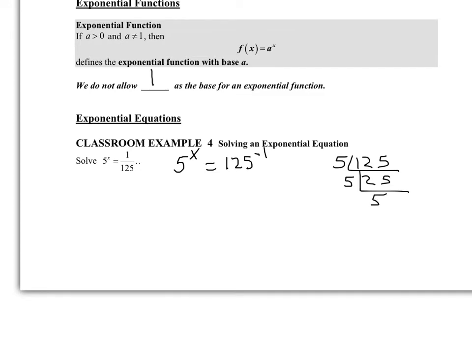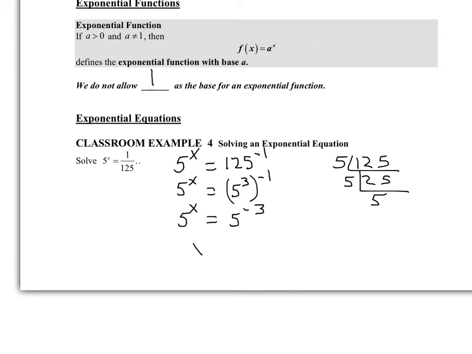That tells me 5 to the 3rd power is equal to 125. So I'm going to replace 125 with 5 to the 3rd, and then don't forget, there's still a negative 1 exponent on that. Using my exponent rules, what I know is that a power raised to a power means I multiply those exponents. So this becomes 5 to the negative 3 power, because 3 times negative 1 is negative 3.